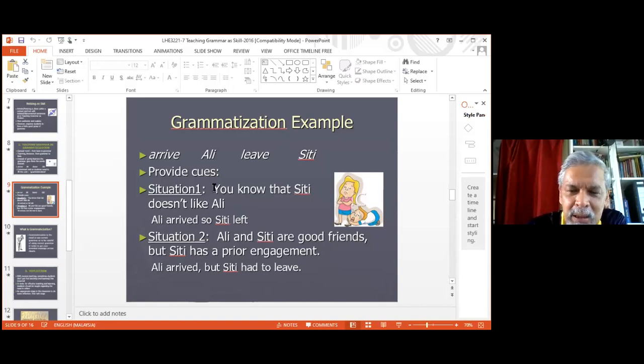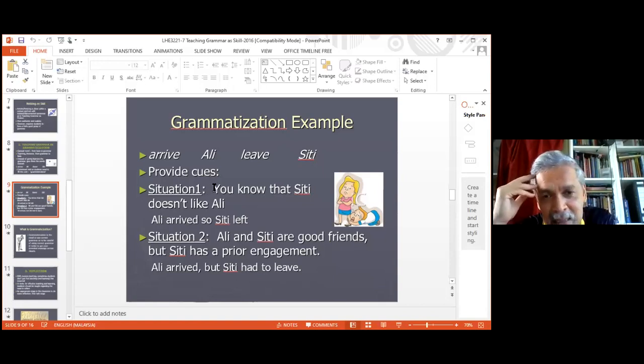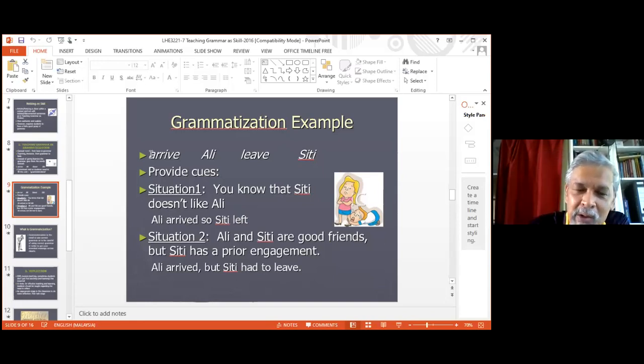So this is developing their skills, to realize that the best combination of the 4 words in this situation could be something like this. Of course, you can say, Ali arrived, but because Siti does not like Ali, Siti left. But you can say it in a more concise manner by just saying Ali arrived, so Siti left.